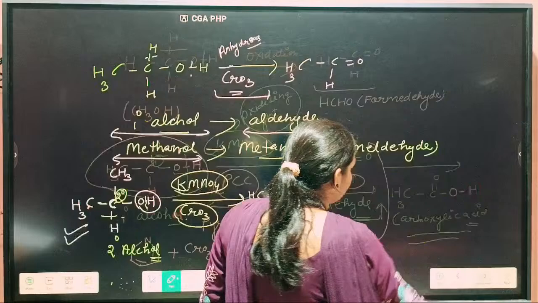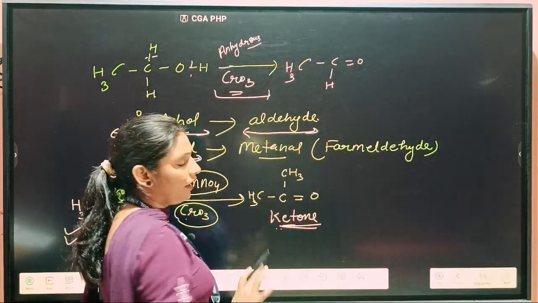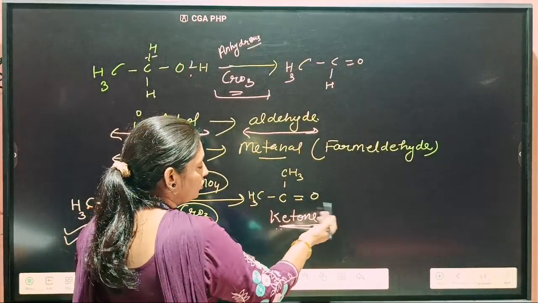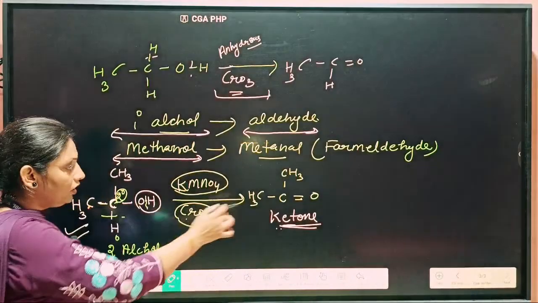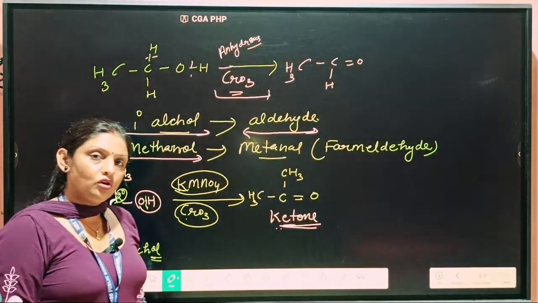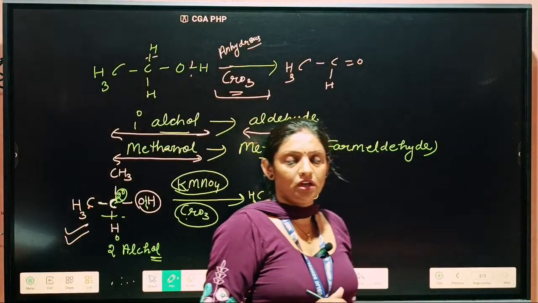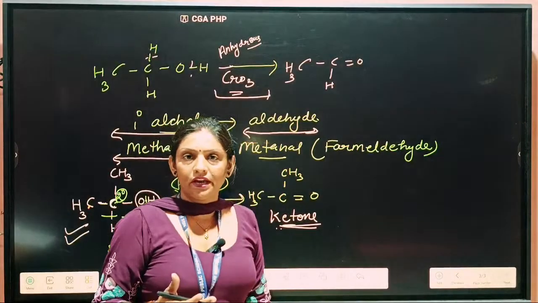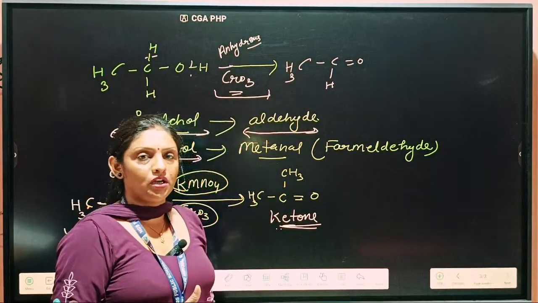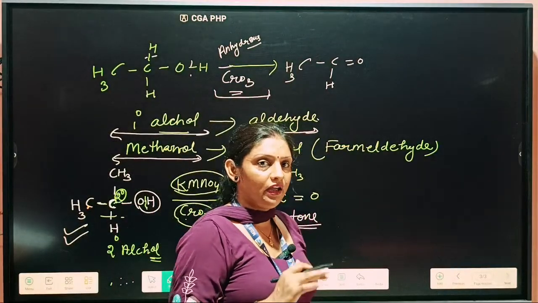But here, in case of ketone, there is no more hydrogen, so it cannot further oxidize. So from secondary alcohol, we will get ketone only. This reaction will not go up to carboxylic acid formation. So we can get the carboxylic acid from primary alcohol only, not from the secondary alcohol.